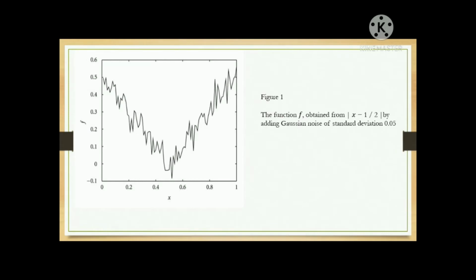Next, we have graphs here that represent the methods we use. Figure 1: the function of x obtained from absolute value of x minus 1 over 1 half, by adding Gaussian noise of standard deviation 0.05.